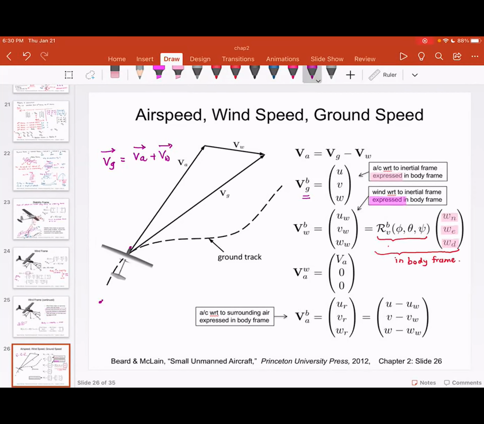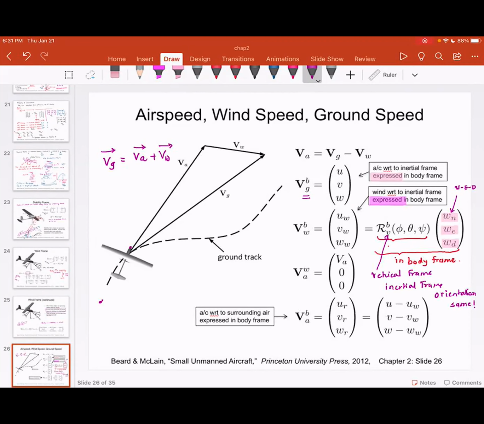Please note, this Wn, We, and Wd are the velocity of wind in the north-east-down inertial frame. The inertial frame is oriented as the vehicle frame. That's why you have this vehicle frame here, because the vehicle frame and the inertial frame orientation is the same.